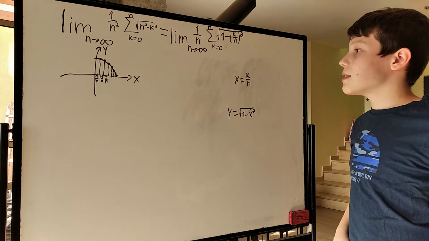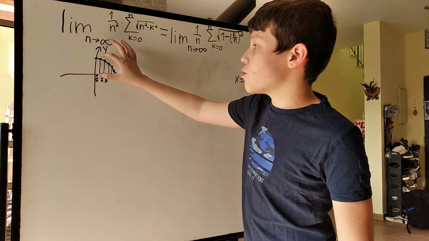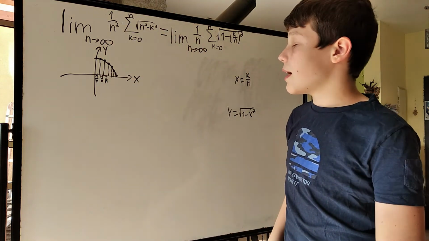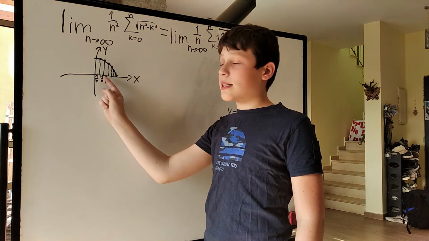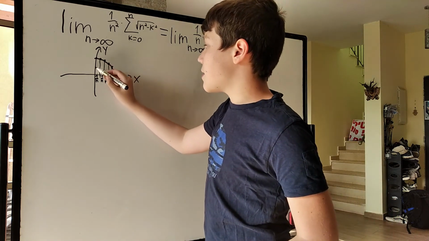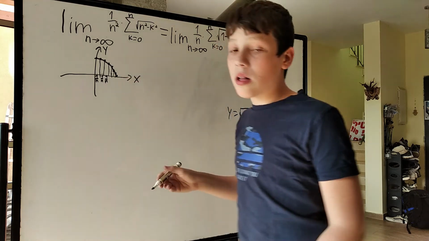So what you can say is we're taking each one of these top standing values and multiplying it by these short distances. So what I'm saying is it's this times this plus this times this plus this times this, and all the way down.